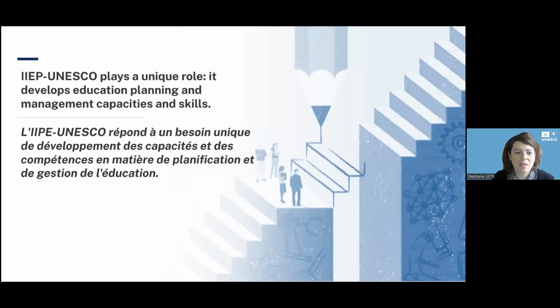Now, something on UNESCO IIEP, if you do not know it: it's the only UN organization that has the objective of supporting countries in planning and education management. We've been there for 60 years. A symposium was organized last year to commemorate our 60th anniversary, and it was an opportunity to take stock of our achievements and our future objectives.